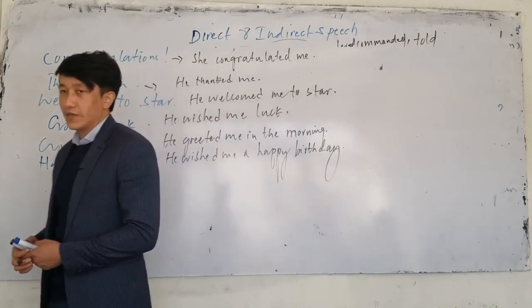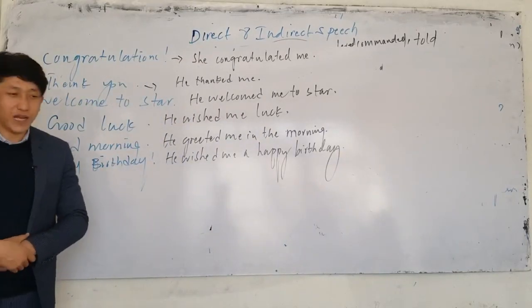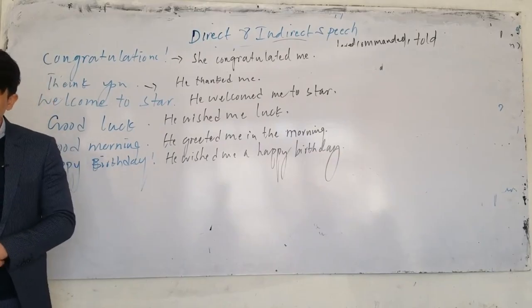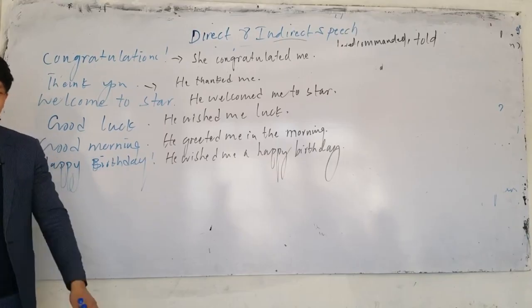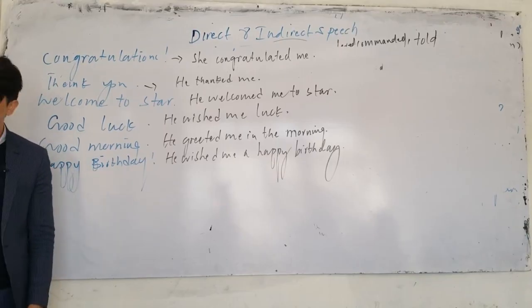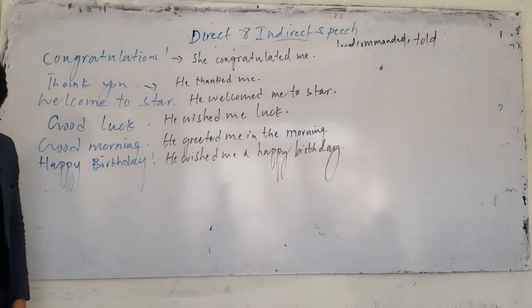So this is the way that we can change. If I say, for example, hello, how should I change it now? He said hello. You have to do your best to find a possible way to convey your message. That's all, okay? Now, that's all about direct and indirect speech.